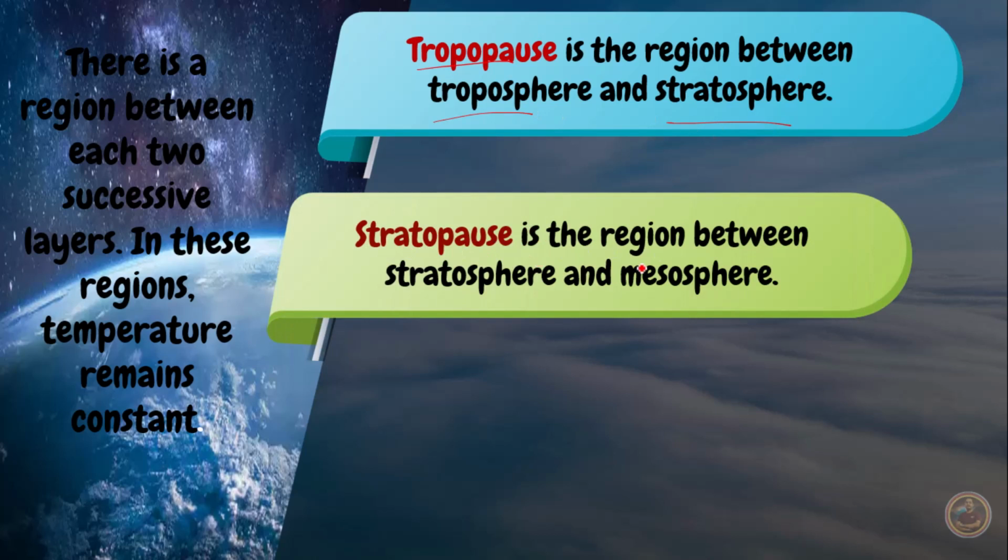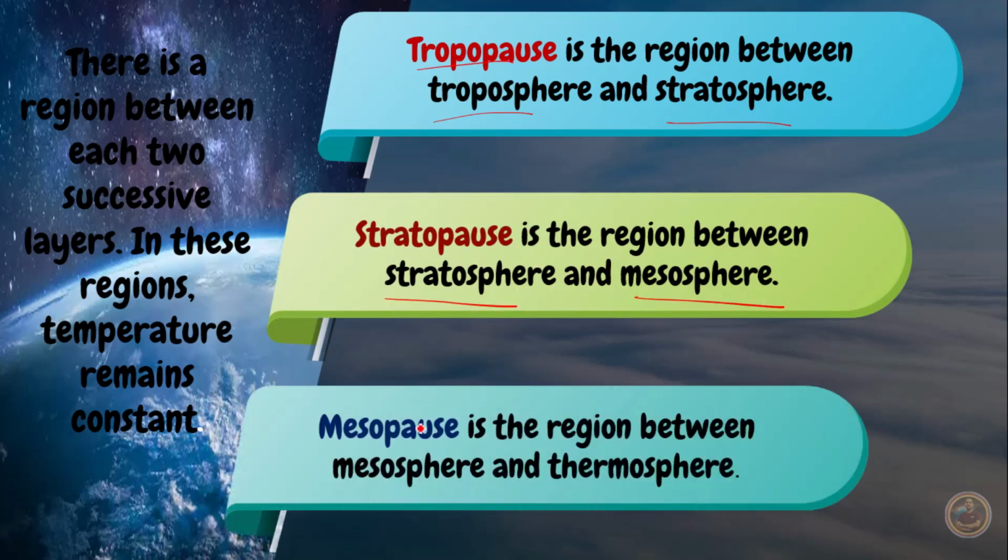Stratopause, the region between stratosphere and mesosphere. The mesopause, region between mesosphere and thermosphere. And in the layer of stratopause or tropopause or mesopause, the change in the temperature and pressure stops.